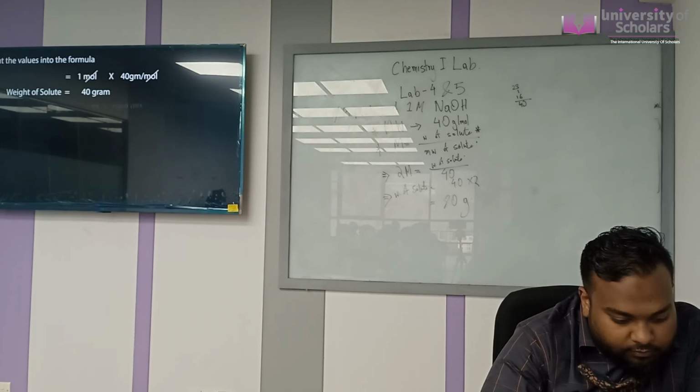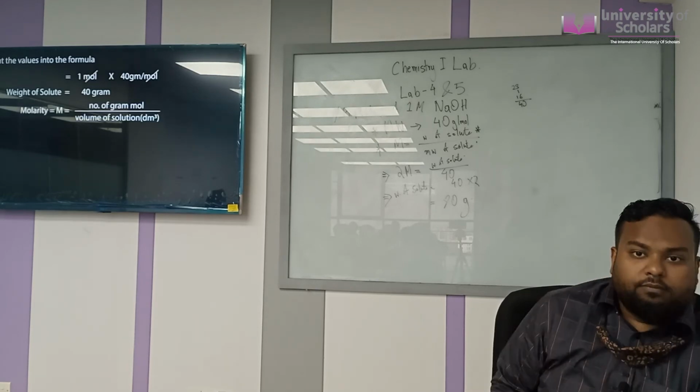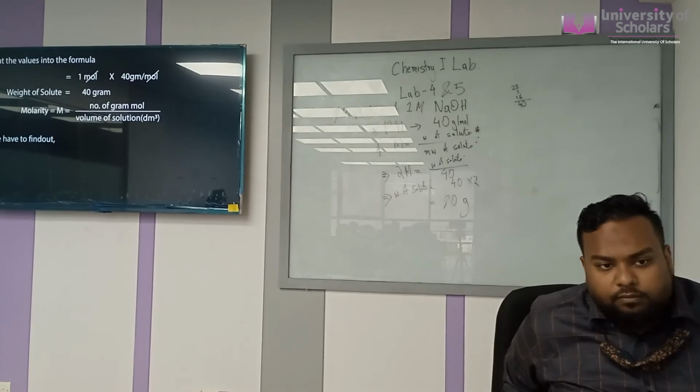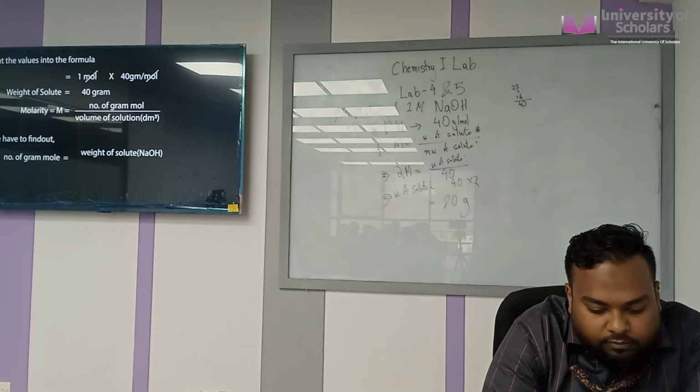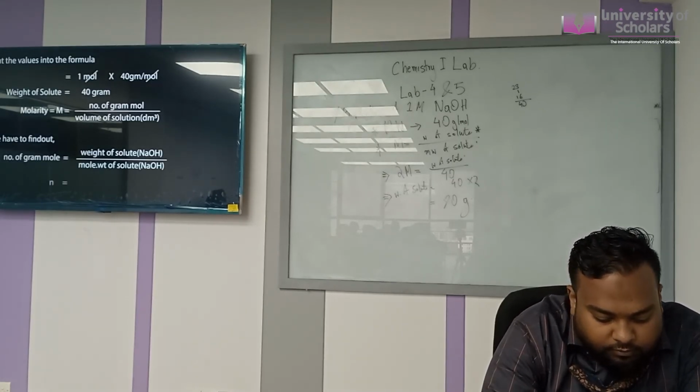Now find out the molarity, which is number of gram moles of solute divided by volume of solution in dm cube. Now the number of gram moles is equal to weight of solute divided by its molecular weight. So 40 grams divided by 40 grams per mole, we get our number of gram moles as 1.